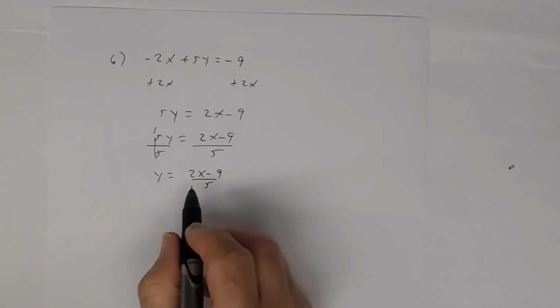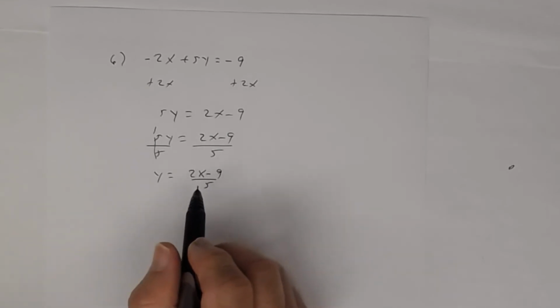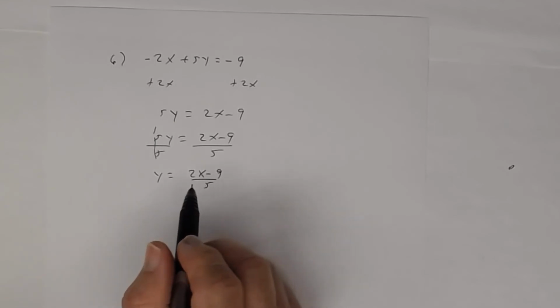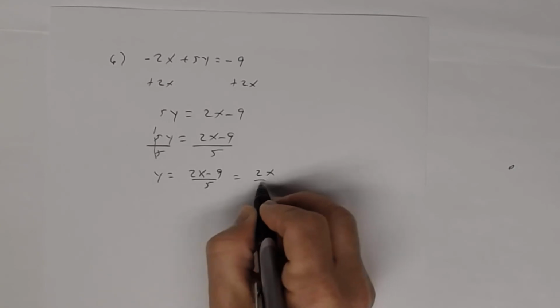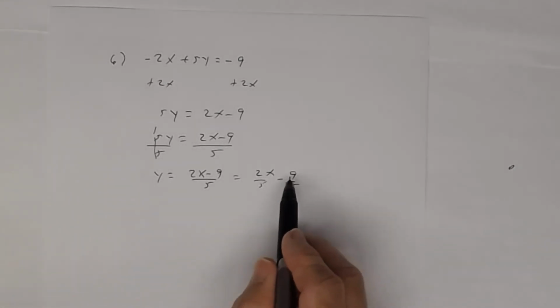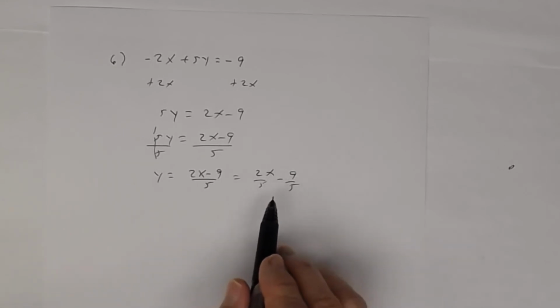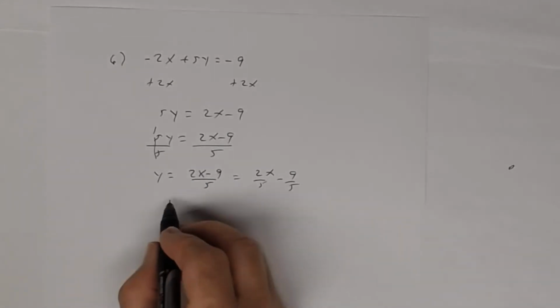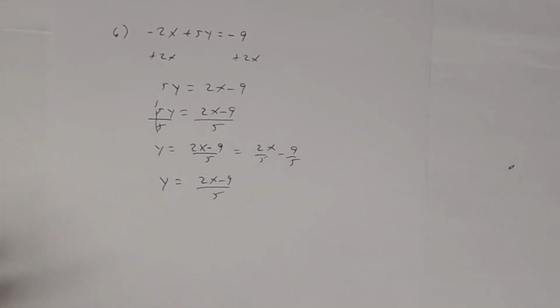Now notice that what we did before in numbers 3 and 4 was we broke this into two fractions just to see what we would get. Notice that I cannot simplify this. It stays a fraction. So now that looks like number 5. So that's going to be challenging. That's our challenge problem. So I'm going to rewrite this as y equals (2x minus 9) divided by 5. Okay.